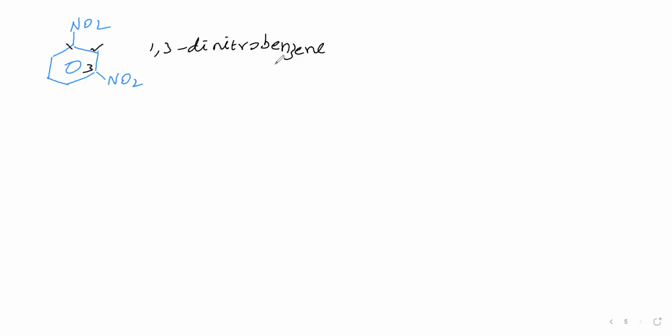Next compound we will take. Here a phenyl ring, here a methyl group, here NO2, here NO2, here NO2. Now this phenyl ring with methyl, we will take it as toluene. Next, this NO2 is nitro. How many?